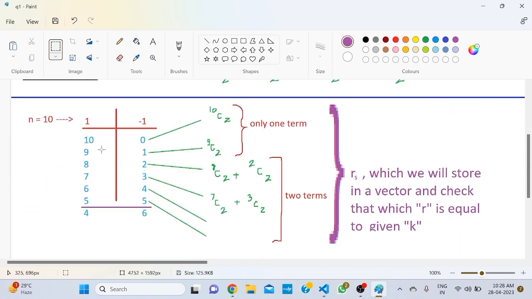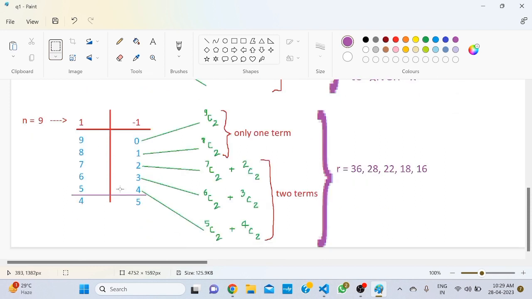if there are 10 ones and 0 minus 1s, and now we start decreasing the number of ones and start increasing the number of minus 1s. Now up to 5, there are 5 ones and 5 minus 1s. But after this there are 4 ones and 6 minus 1s, which is equivalent to 6 ones and 4 minus 1s. So the result is 4C2 plus 6C2 for this 4 and 6, which is similar to this one, 6C2 plus 4C2.